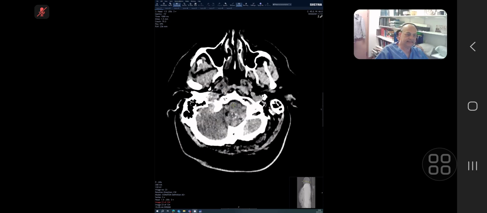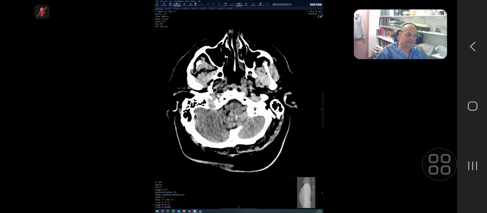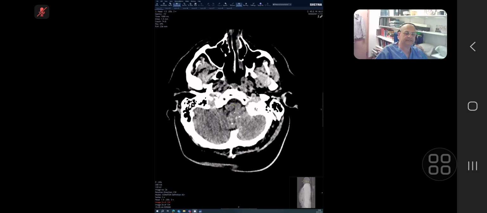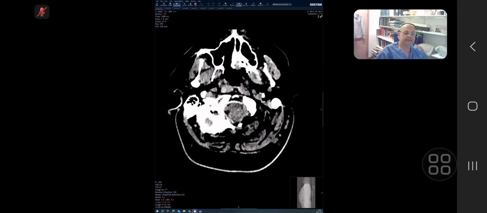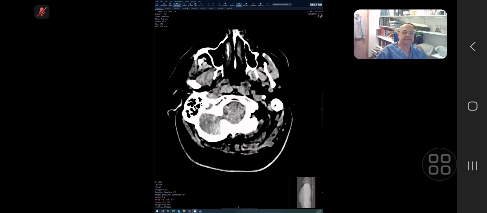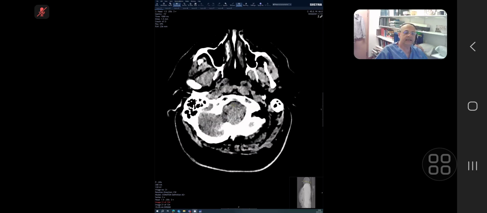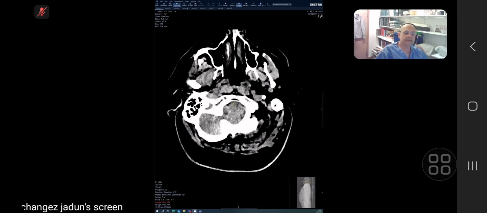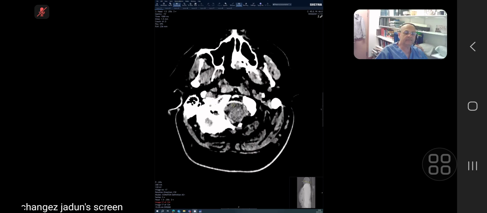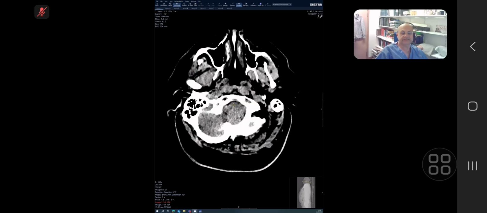So here I see a lesion iso-attenuating to the brain parenchyma, which has internal calcification and is displacing the cervicomedullary junction and is lying at the foramen magnum with effacement of the CSF at foramen magnum.